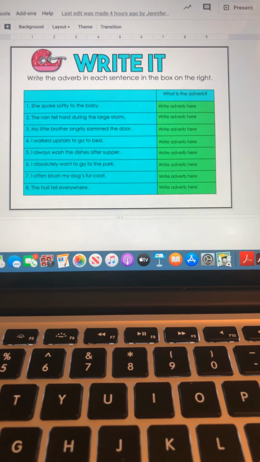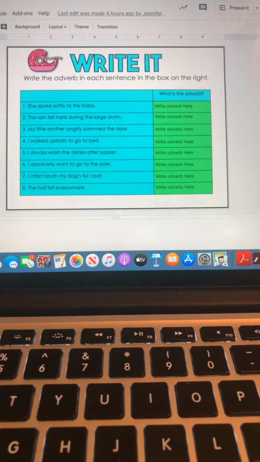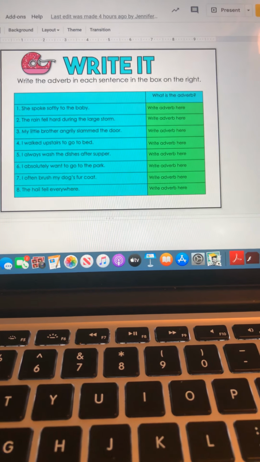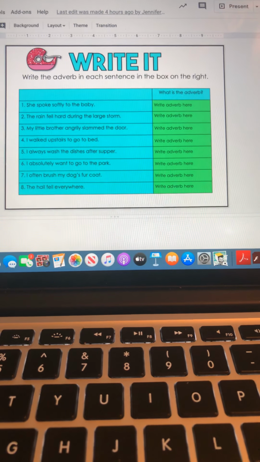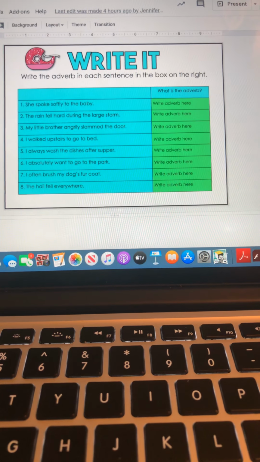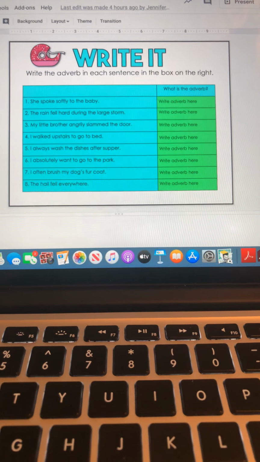Number 5, I always wash the dishes after supper. Number 6, I absolutely want to go to the park.